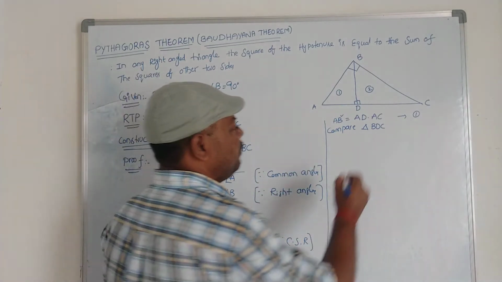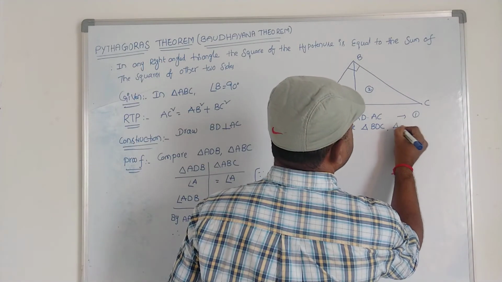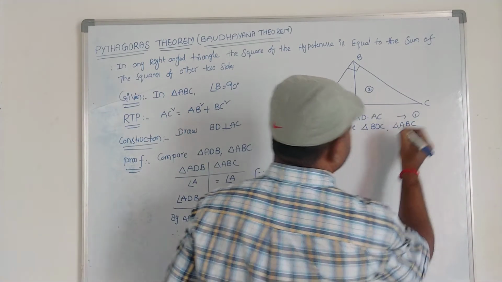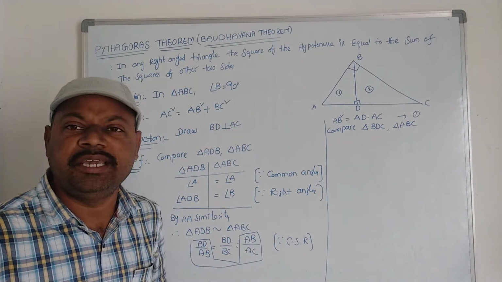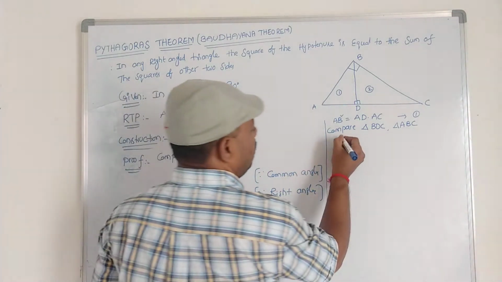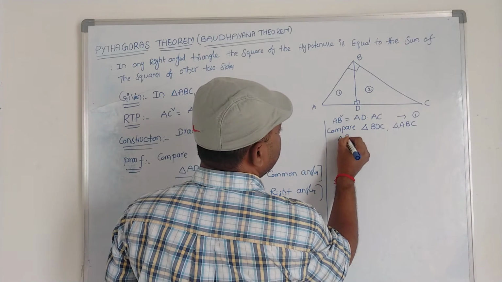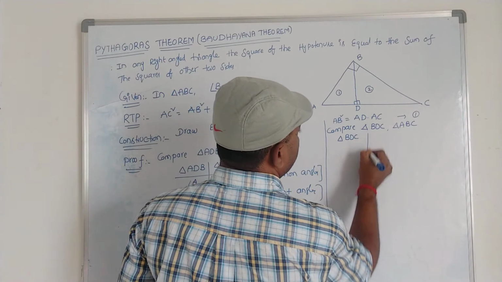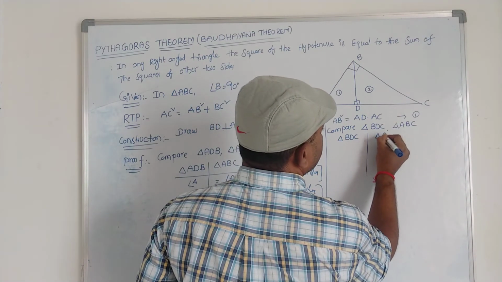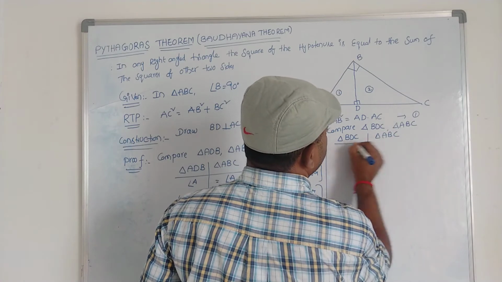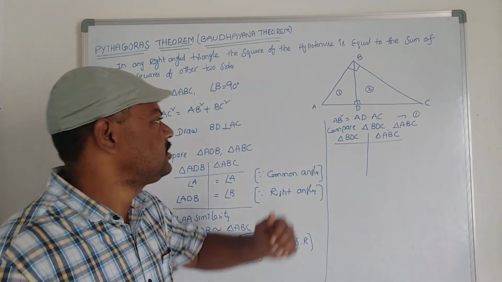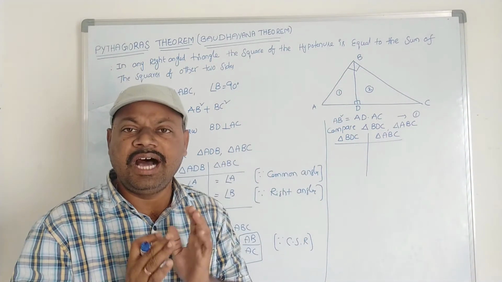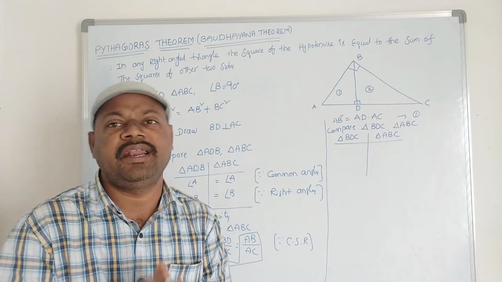So compare triangle BDC and triangle ABC. Form a table. What values are equal here? First, select the common angle, and next compare the right angles.